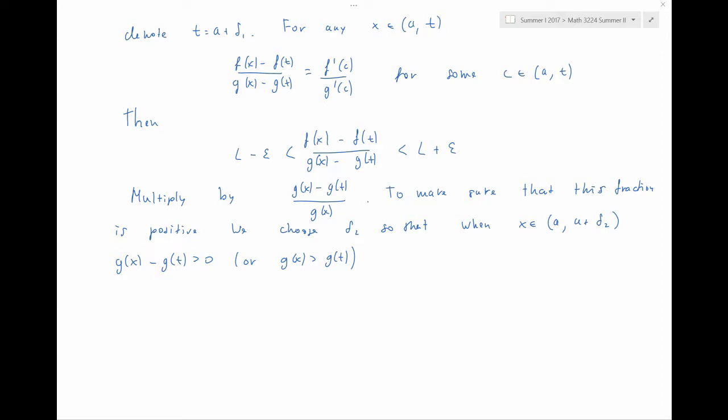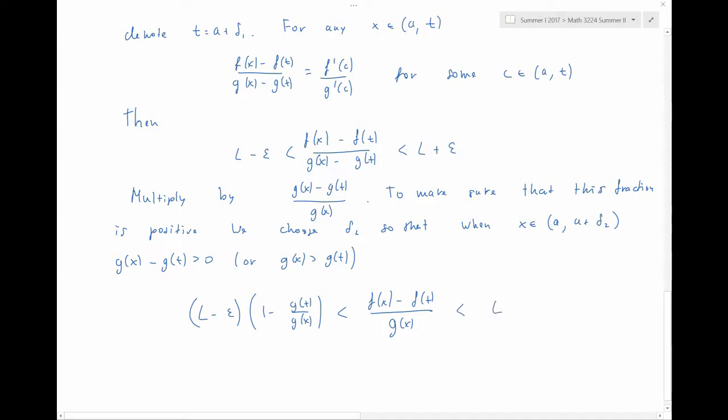So if we multiply this inequality by this, we get L minus epsilon times 1 minus g of t over g of x should be less than f of x minus f of t divided by g of x.